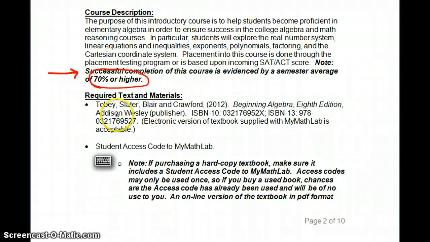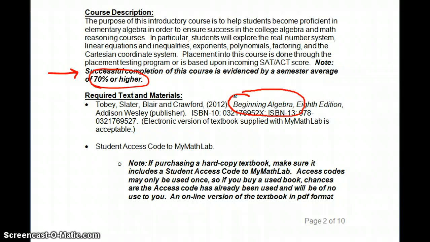The required textbook that we use is a text by Toby, Slater, Blair, and Crawford, and it is entitled Beginning Algebra, the 8th edition. I will not require you to have an actual physical textbook unless you want one.